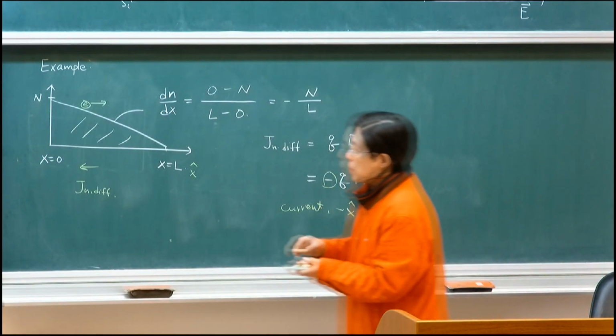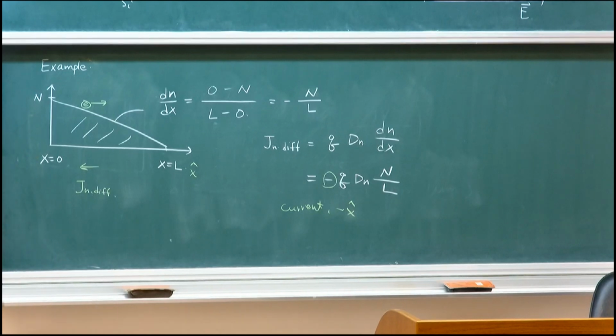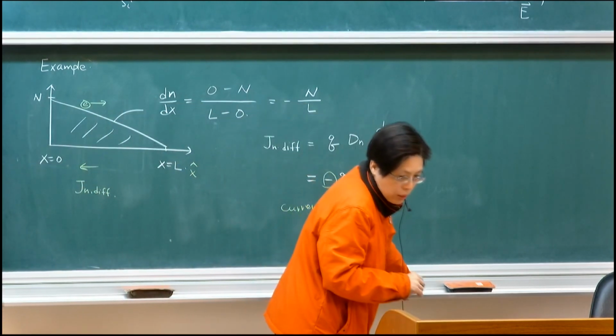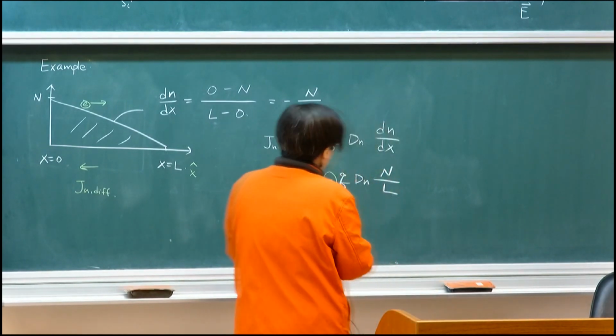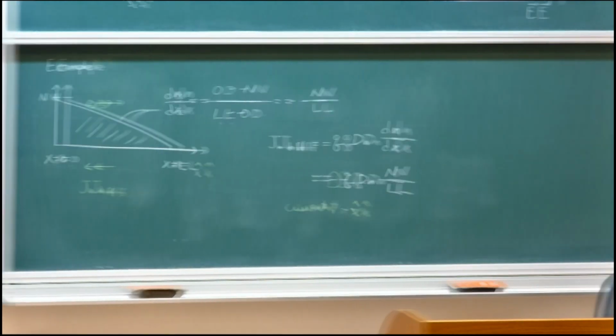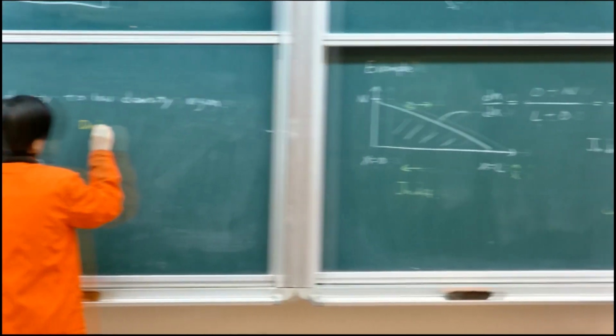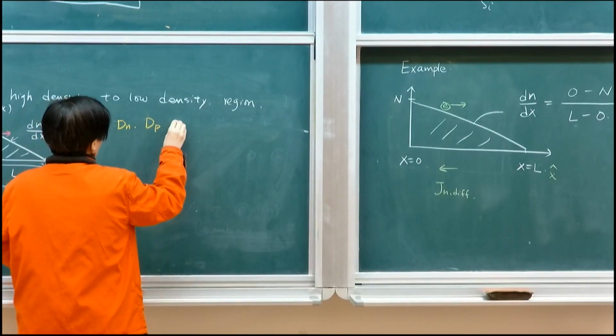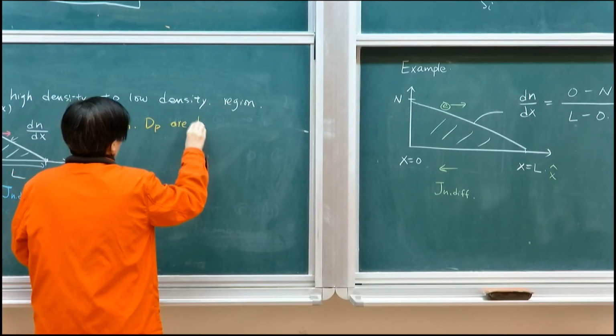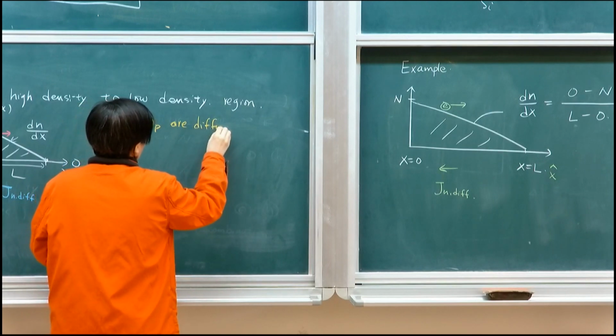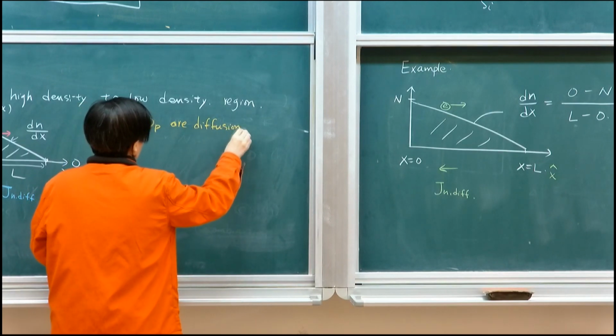Oh, I forgot to mention one of the key important things when I introduced this, that we're using another parameter called diffusivity or diffusion coefficient. Diffusion constant, I think the textbook used. So Dn and Dp are diffusion constants.